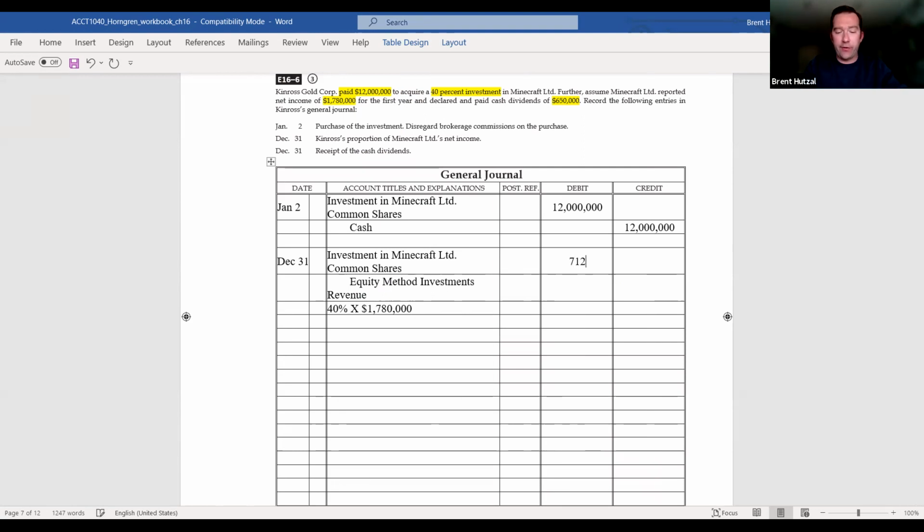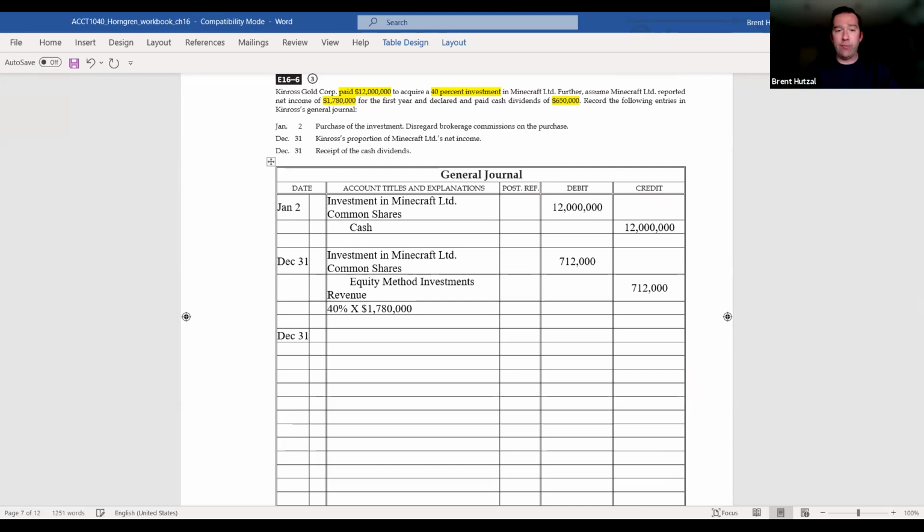I get $712,000. Okay, so that's the journal entry to record the net income that Kinross is entitled to, 40% of the total net income, because they have a 40% investment in Minecraft.